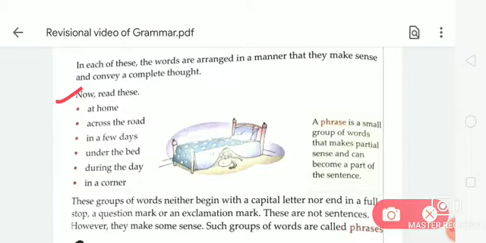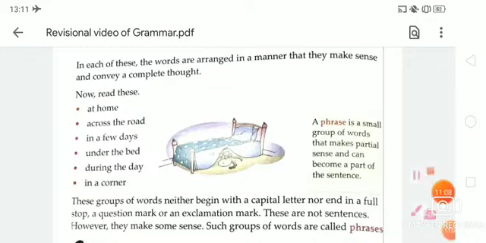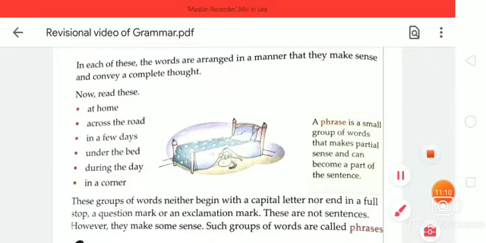Student, a sentence is an arrangement of a group of words that makes complete sense, but a phrase is a small group of words that makes only partial sense and can become a part of the sentence. These groups of words neither begin with a capital letter nor end with a full stop, a question mark or an exclamation mark. These are not sentences. However, they make some sense. Such groups of words are called phrases.